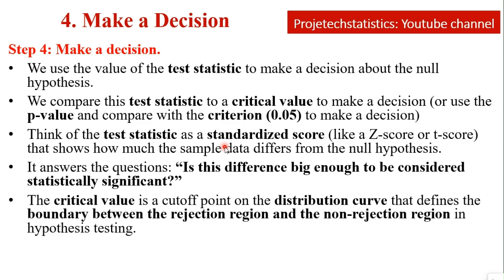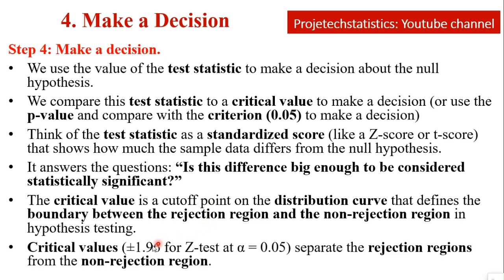The critical value in this case is the cutoff point on the distribution curve that defines the boundary between the rejection region and the non-rejection region in hypothesis testing. And this value is 1.96. It separates the rejection region from the non-rejection region.